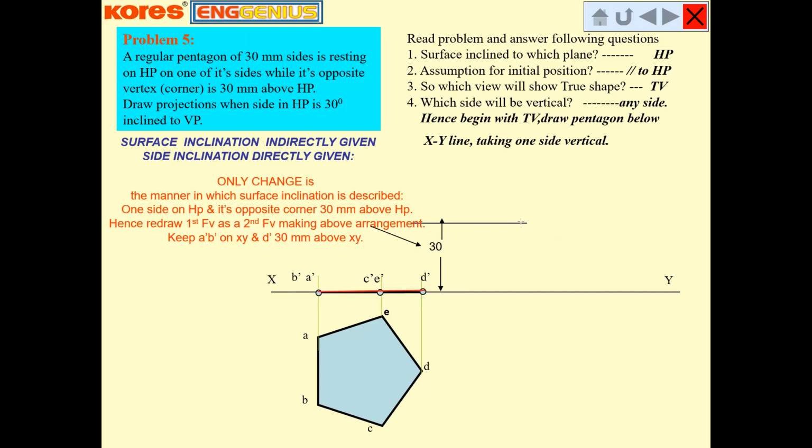Then here on this 30 mm offset line, select any point, and by keeping that point as a center and this much radius, A dash to D dash, this much as a radius, mark the arc on the XY line.